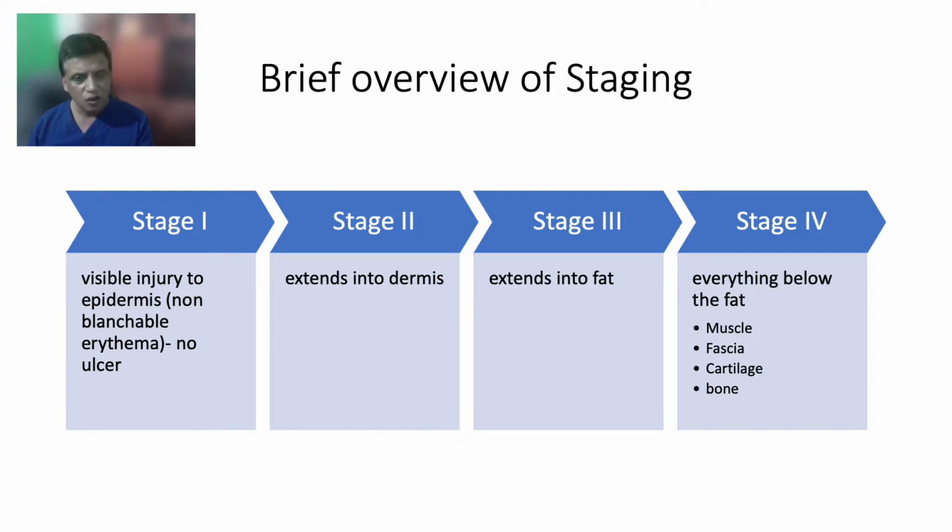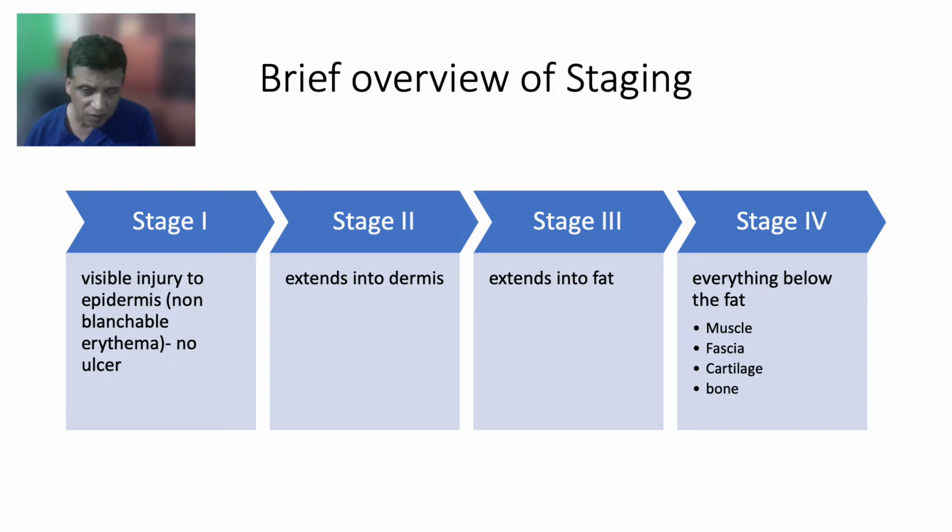Stage 2, you have an ulcer that extends into the dermis, but the dermis is not totally obliterated. When the dermis is totally obliterated by injury, and one can see the third layer, the subcutaneous layer, the fatty layer, then one has stage 3 pressure injury. Now, stage 4 is anything below the fatty layer. So if the third layer is obliterated, then one extends into the fourth layer, which over most parts of the body tends to be muscle.